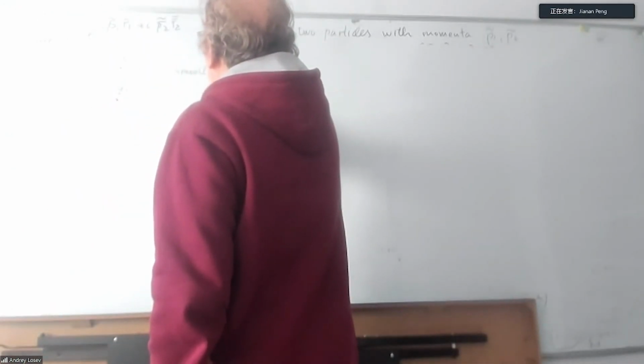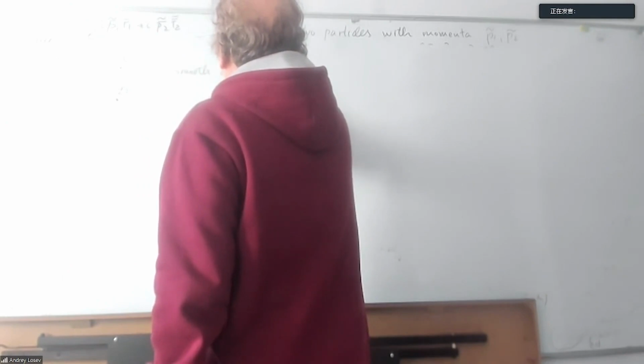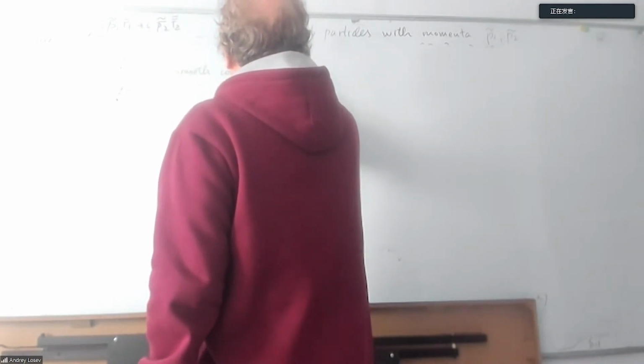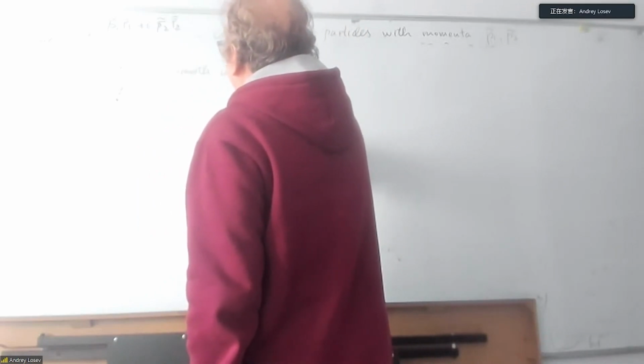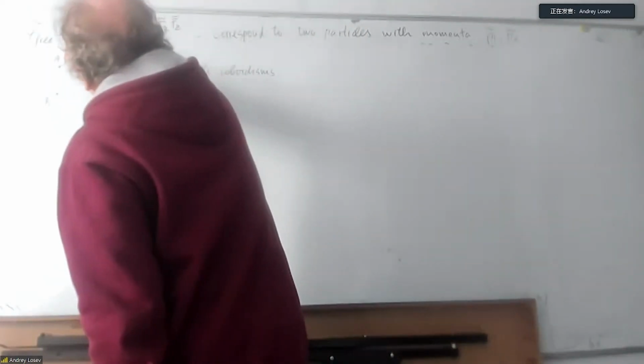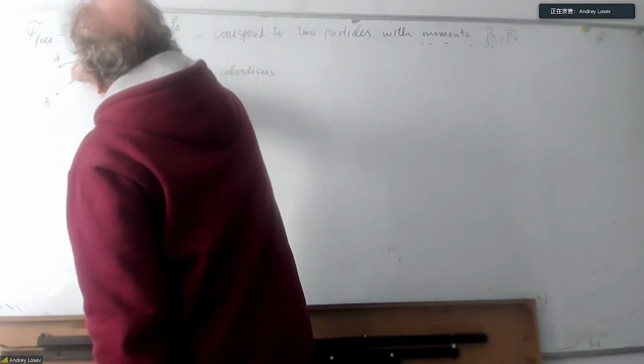Suppose I have 2 points, A and B. And suppose I have 2 points, C and D. If I consider smooth cobordisms, I would say that they are just this one.